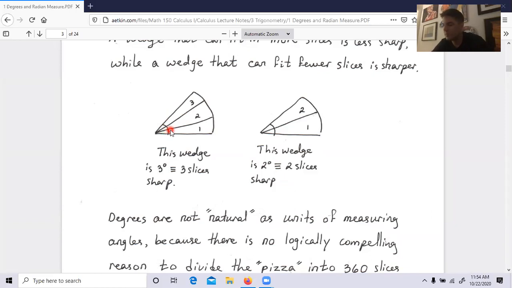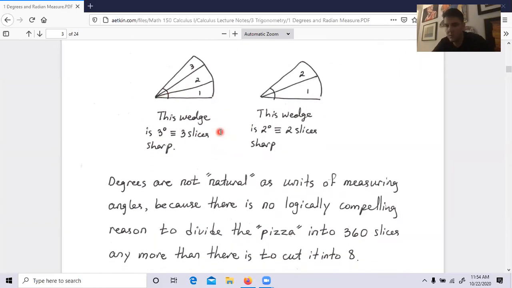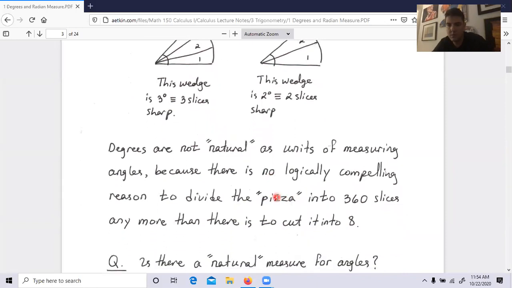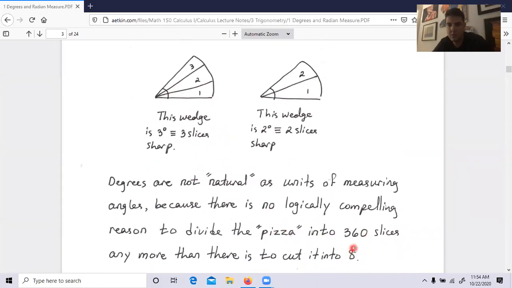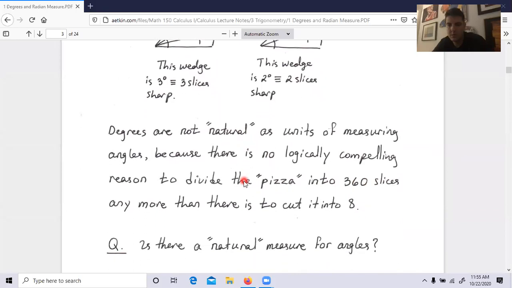In other words, aliens would come around and they would not measure the angle the same way, because even if you say you measure angles using circular sectors, you still don't give a reason why you need to slice the pizza into 360 slices. So a circle has 360 degrees arbitrarily because it was decided to cut it into 360 slices instead of the usual 8.